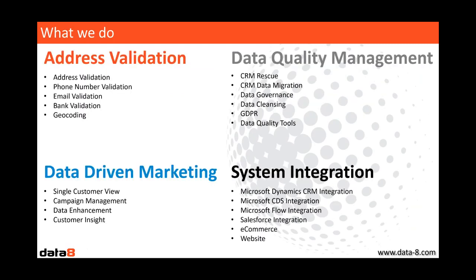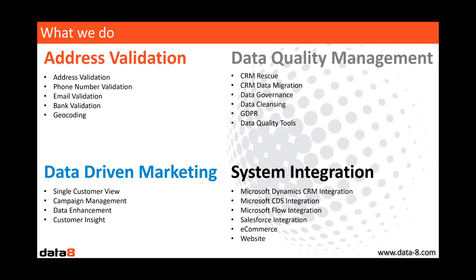The way we process data is roughly split down into these 4 areas. So we've got real-time type validation, commonly around addresses. This is trying to help the user experience as you enter data in the first place, whether that's in your CRM system or on websites. Trying to manage that data once it's in there, so things around trying to keep it clean, doing migrations, applying governance to that.